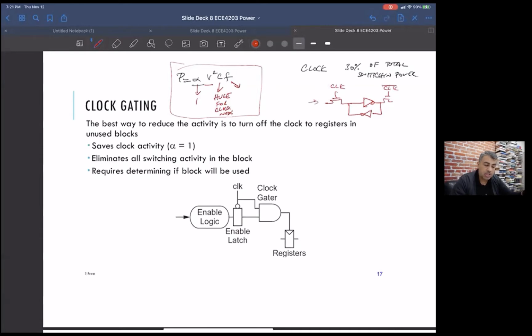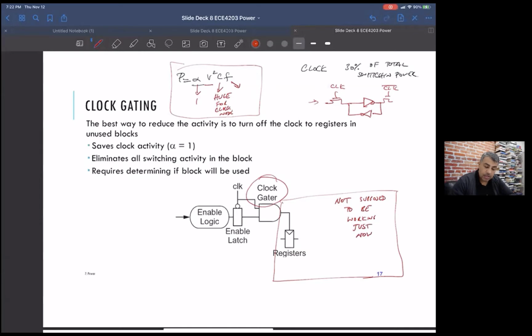So what you have to do is this thing called clock gating, which means you select the circuits that aren't working. So this would be like a giant block that's not supposed to be working in this particular sequence.